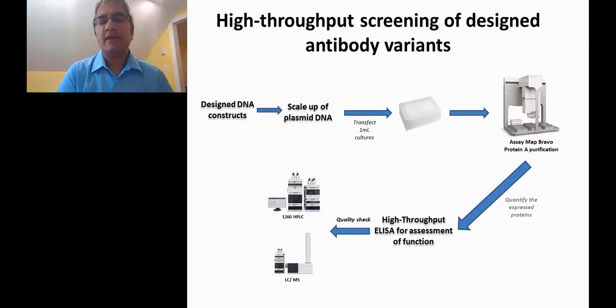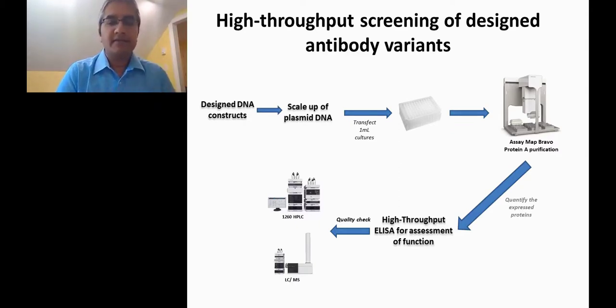In that context, the AssayMAP Bravo has really been a very important tool as we look at not just biopharmaceutical characterization, but also discovering and developing new antibodies.